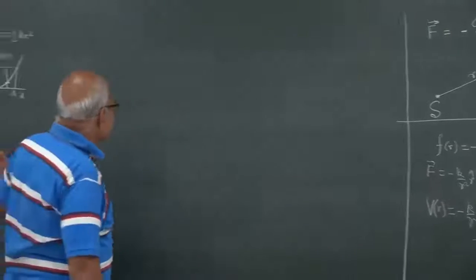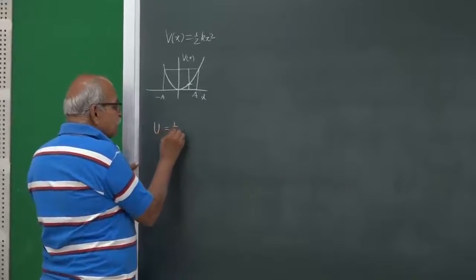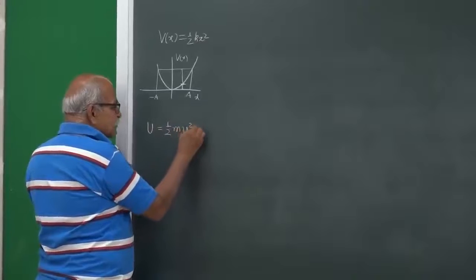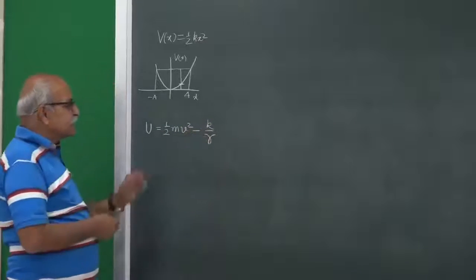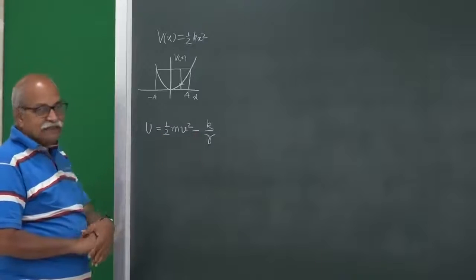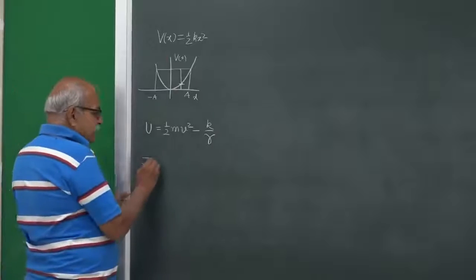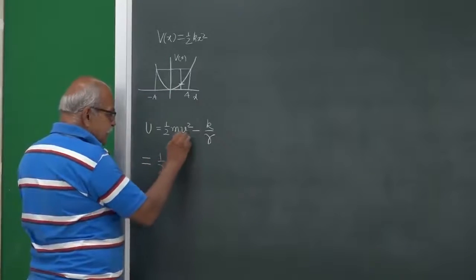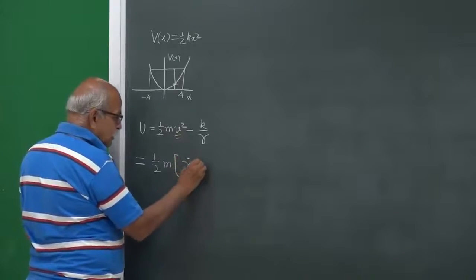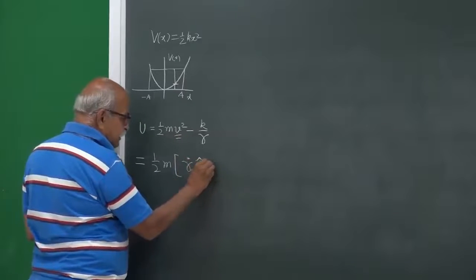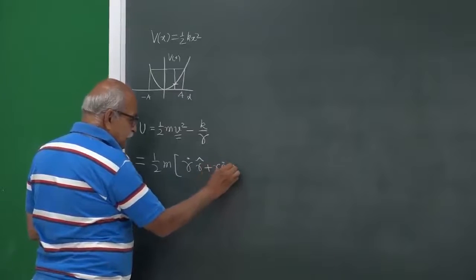Let us see what. First, we write this total energy U, which is half m v square plus potential energy, which is minus k by r. Kinetic energy plus potential energy is the total mechanical energy. This is what I want to use in this diagram, and this v I write as r dot r cap plus r theta dot theta cap.